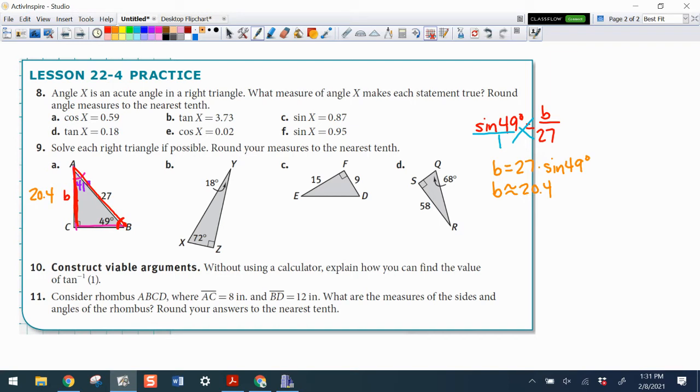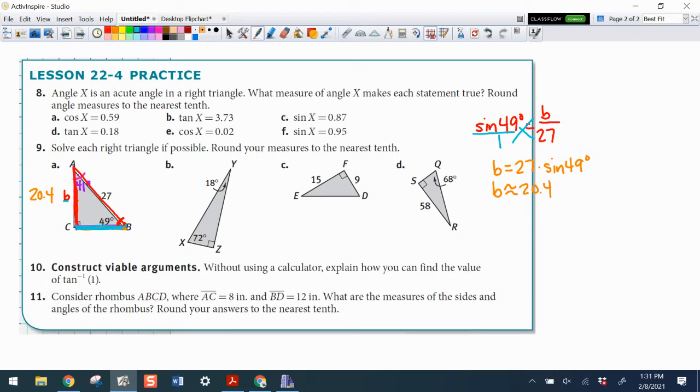Now that we do have two of the sides of a right triangle, we can use the Pythagorean theorem to find this third side. So this might be a great opportunity to remind ourselves how to implement the Pythagorean theorem. In this right triangle, the side I'm looking for is just one of the legs. It could be a or b, but since we've already called this side b, we'll say that we're solving for a here.